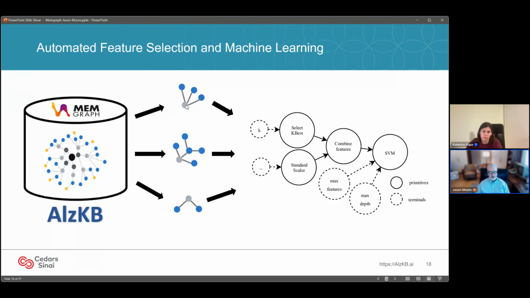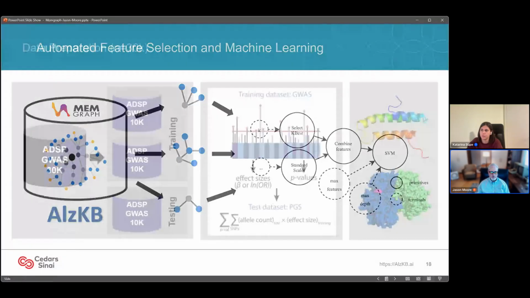The gray may be an FDA-approved drug for any disease, and the blue are the genes connected to those drugs. And that's kind of how we're thinking about the knowledge graph: to look for drugs, look for genes, and use those as feature sets that can then be selected automatically by our automated machine learning algorithm.